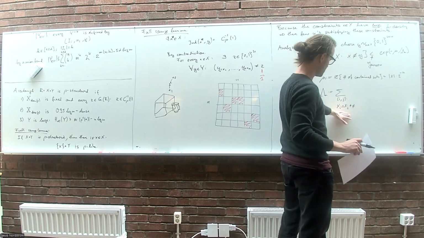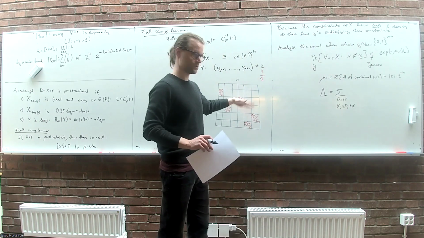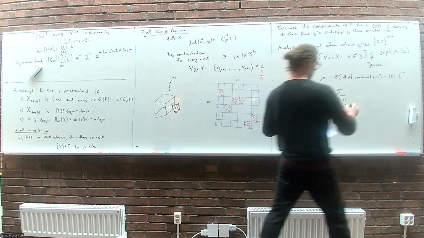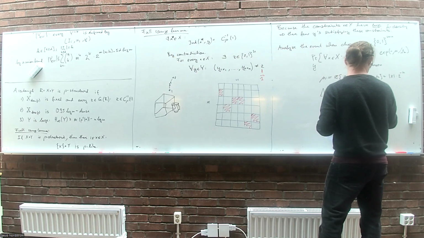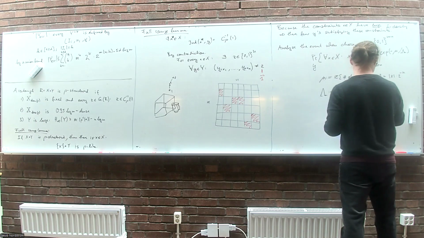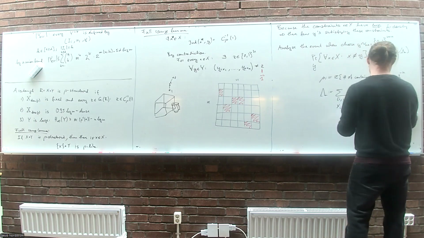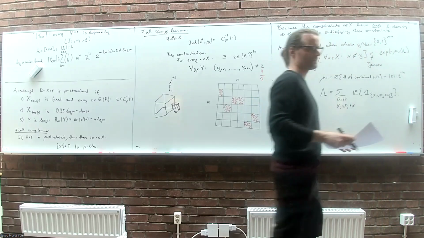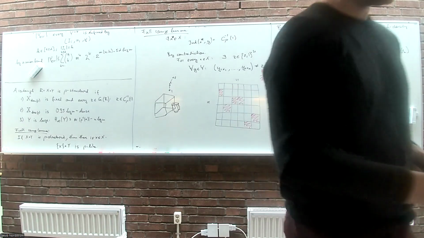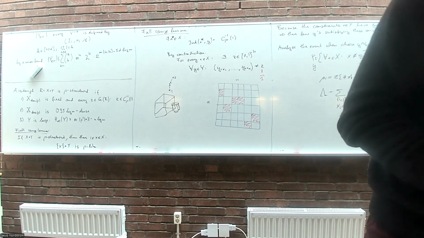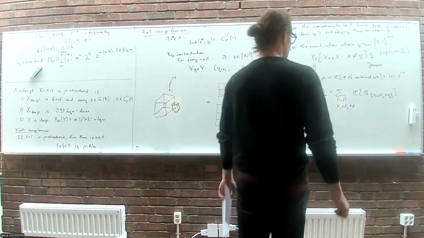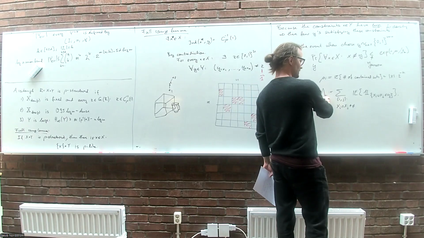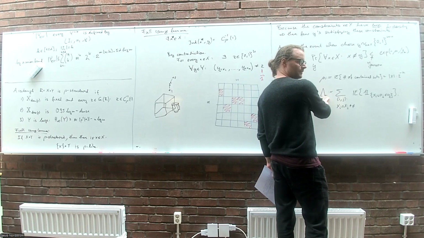We're looking at sets where these red guys intersect, and then I look at the expectation that both sets are actually included, that is, the expectation of the indicator of xi union xj being contained. So all we need to do is bound lambda. Then we're done.